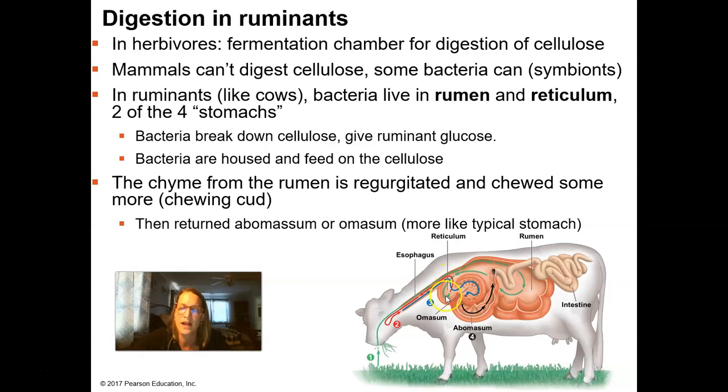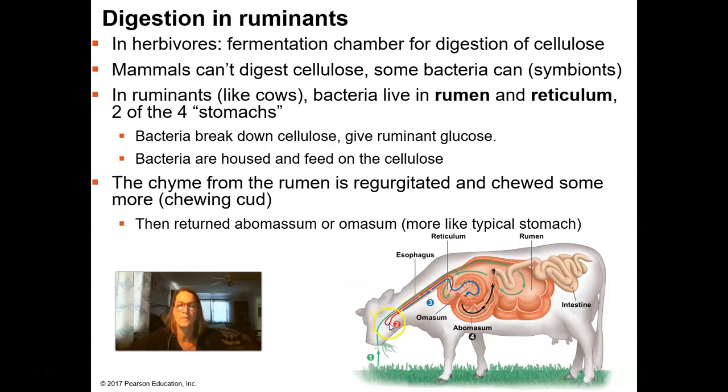And then the next thing it does is the food, now that some of the cellulose has been digested, comes back up into the esophagus, gets moved into the mouth of the cow or the ruminant, and the cow or the ruminant chews the food additionally, okay? So it does additional mechanical digestion.